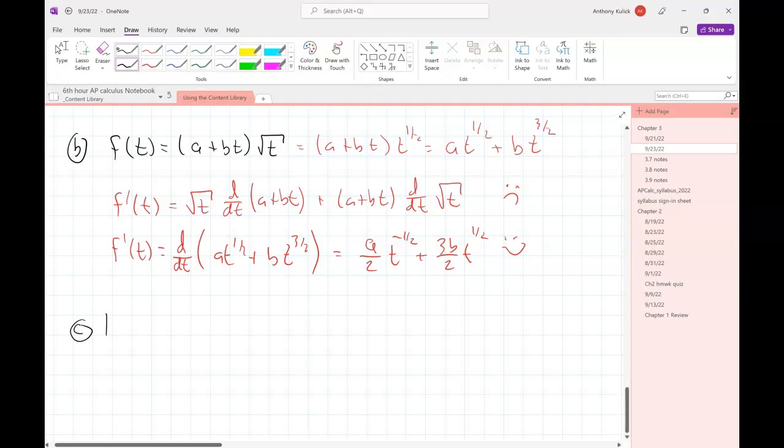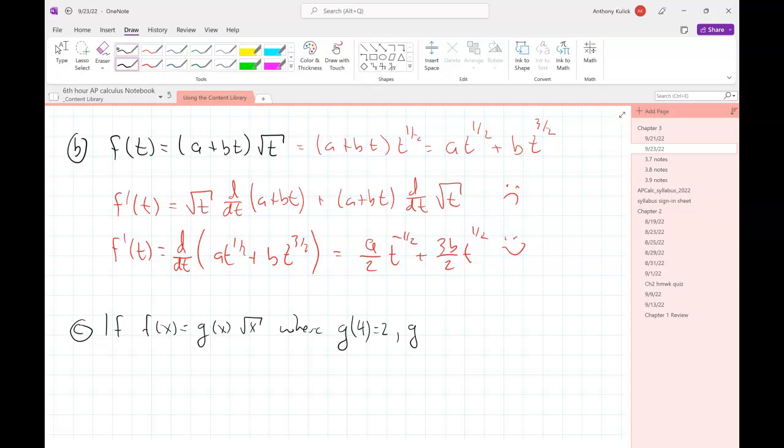Let's say that we have this situation. Let's say we have the function f of x equals g of x times the square root of x.